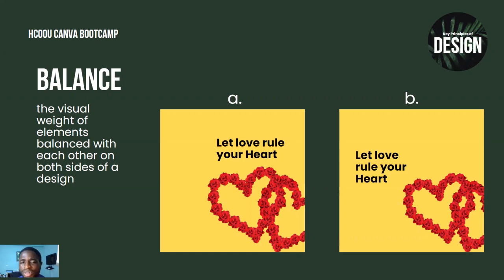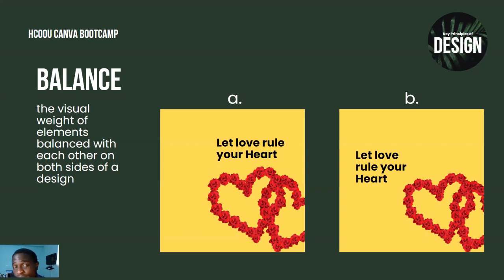Now the balance is not just for left and right, it can also be up and down. So your design cannot just be focused on the top part of your canvas or your artboard. It should span through all areas. Now it doesn't mean that you now fill everywhere. As you can see, design B is balanced.